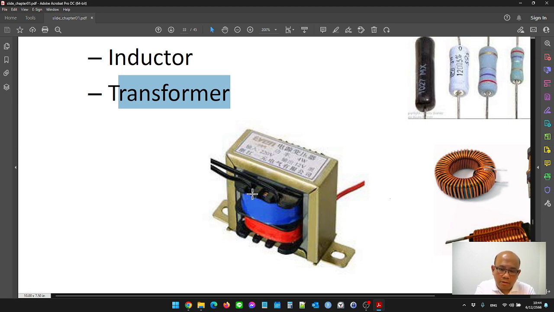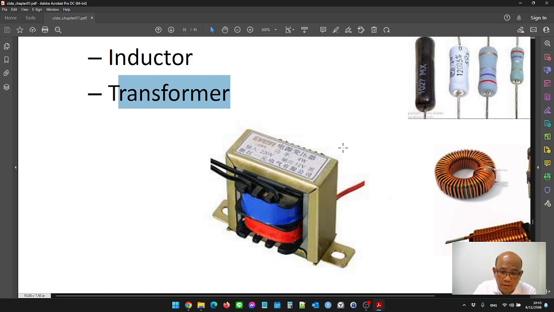The first coil, where we give the power or voltage to the transformer, we call the primary coil, and the second part we call the secondary coil.